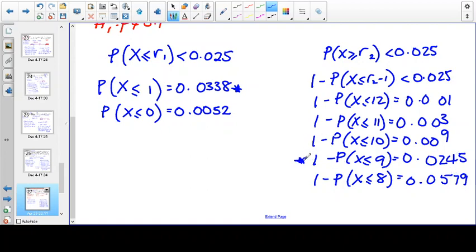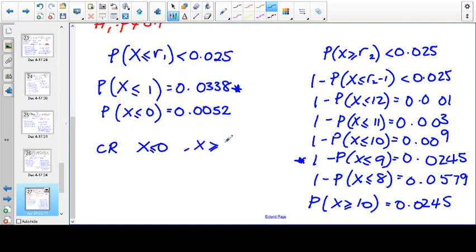So this one here is the one we want. R minus 1 is 9, which means R is 10. So the probability that X is greater than or equal to 10 is 0.0245. Our critical regions are X less than or equal to 0, and X greater than or equal to 10. It's more work, having to explore a few more numbers, but you've got to be careful. Just because it's gone over doesn't mean that's not the one you want.